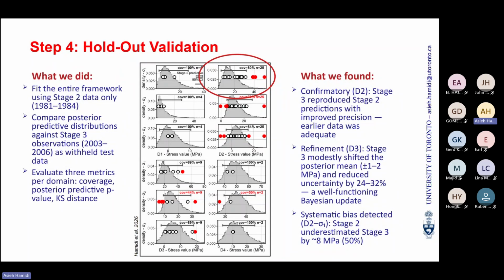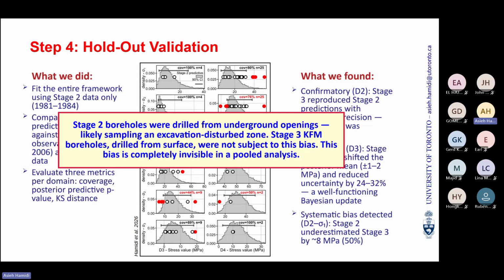For example, in stage 2, in one borehole, we found that the data was much lower than what was in fact obtained in stage 3, which is probably a problem with the operation, or we obtained data from a disturbed zone. So we absolutely need partial pooling, because it helps us get more information out of our data and helps the sparse zones, without even drilling more or spending more time.